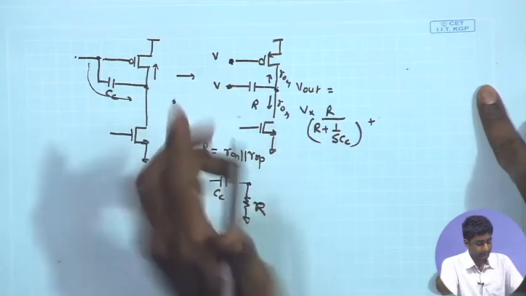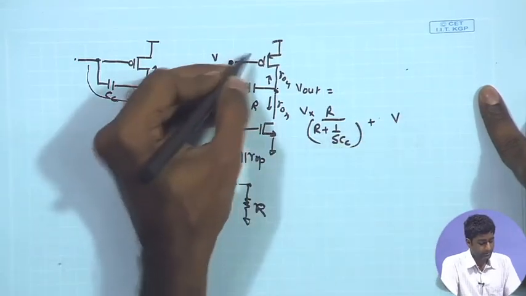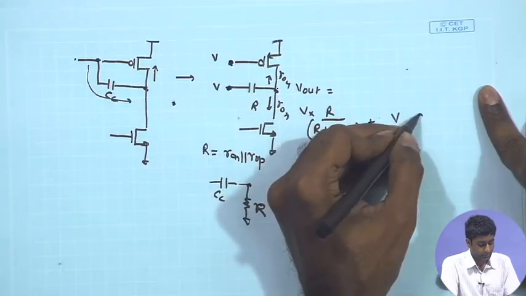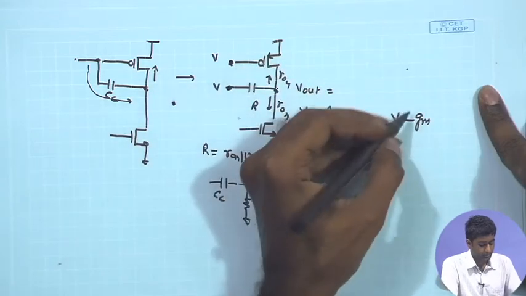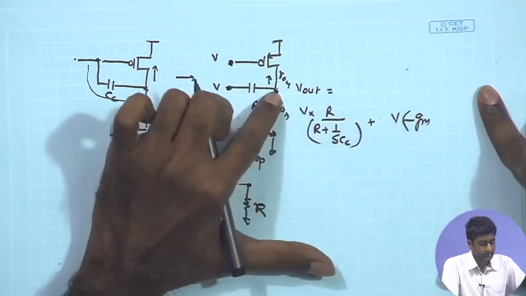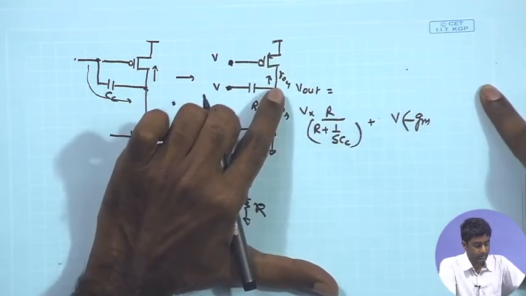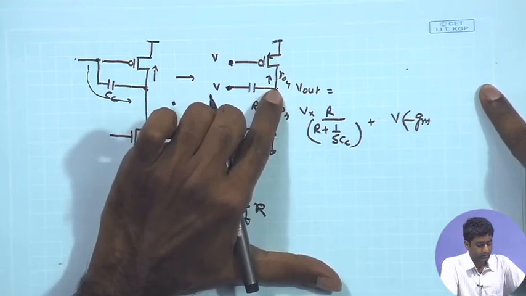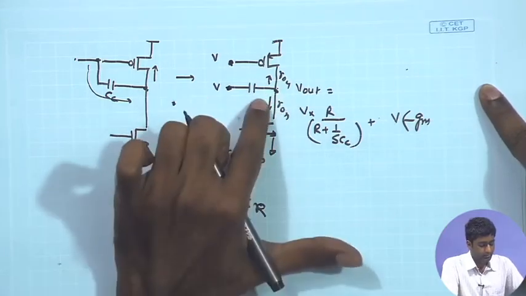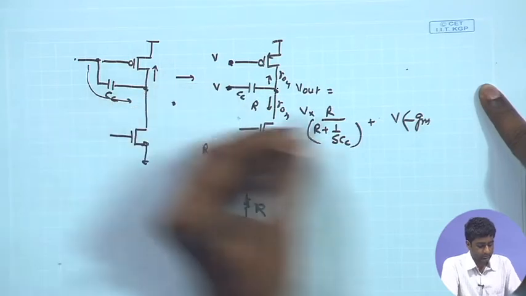So, in that case, I have V which is applied at the gate of this PMOS. We are going to get minus GM times the overall small signal resistance over here, and that is going to be equal to R parallel this 1 upon SCC.